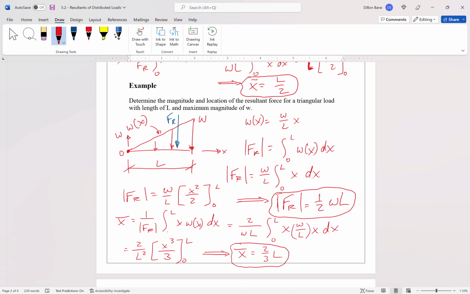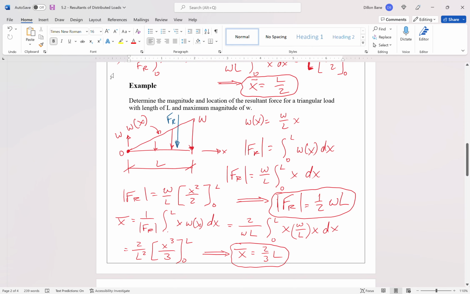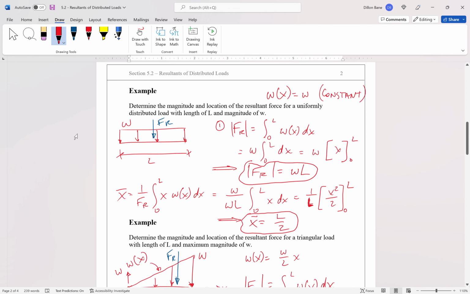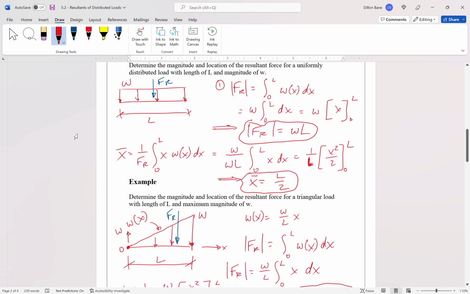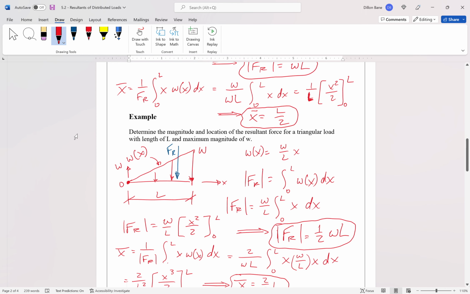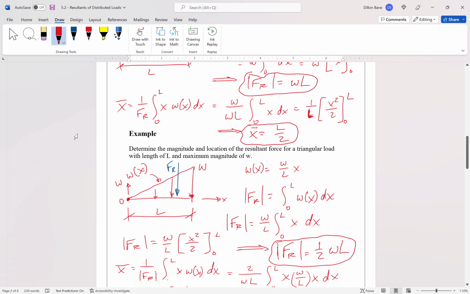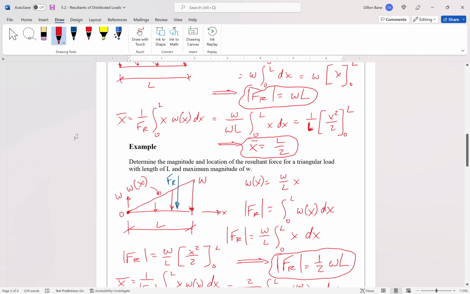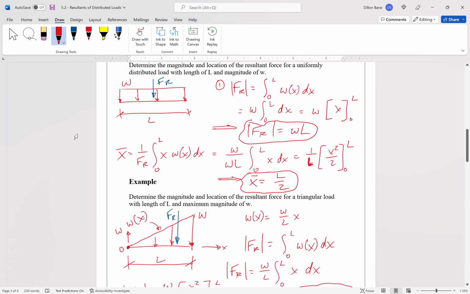These examples that we've just done are the two most common types of loads that we have: rectangular or uniform loads, and these triangle loads, these linear loads. What we've done here is mathematically prove what the magnitude of the resultant is and where those resultants act. So it doesn't matter what the numbers are.